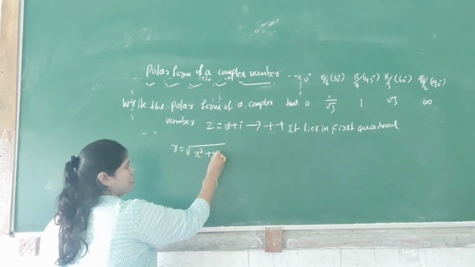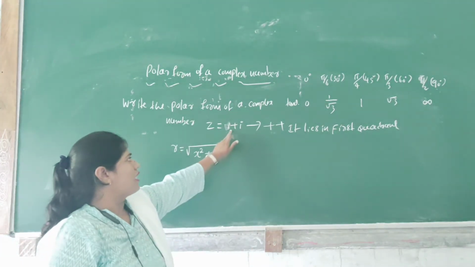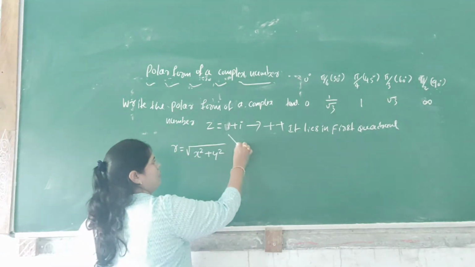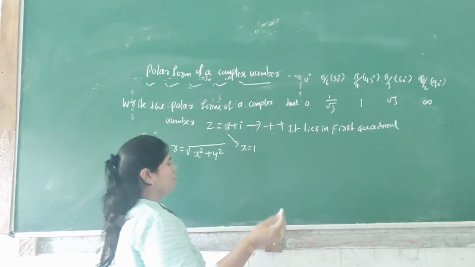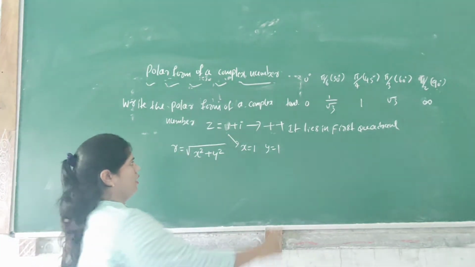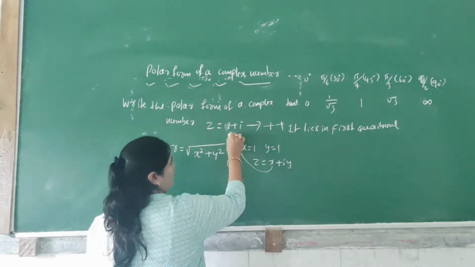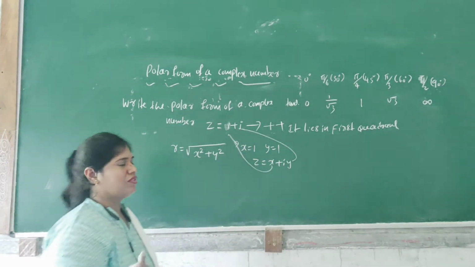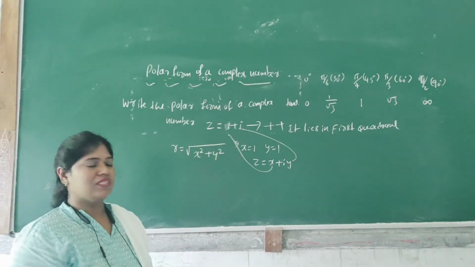Square root of x square plus y square, r the radius or modulus. Here x is the first part, so x is equals to 1. Y is the number beside i, which is 1, so y is equals to 1. If you compare with x plus iy, x is 1 and y is 1. If there is nothing written, 1 is there.